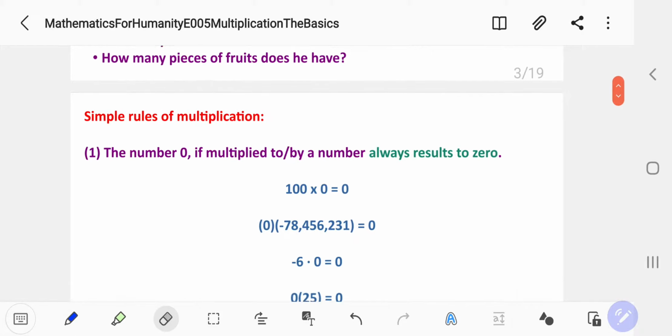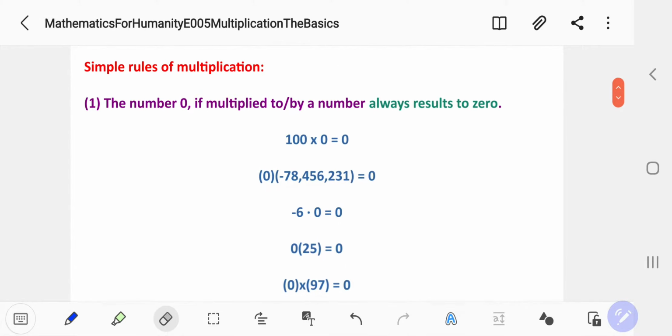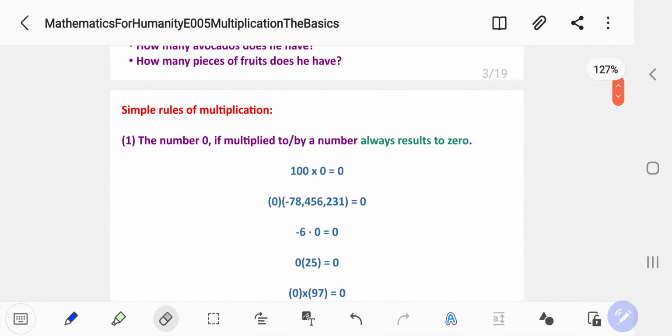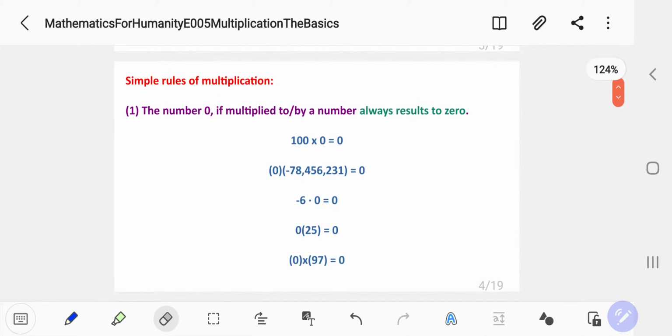Next one, we're going to discuss simple rules of multiplication. So here you have the number 0. If multiplied to a number, or if multiplied by a number, always results to 0. So you have 100 times 0 is equal to 0.